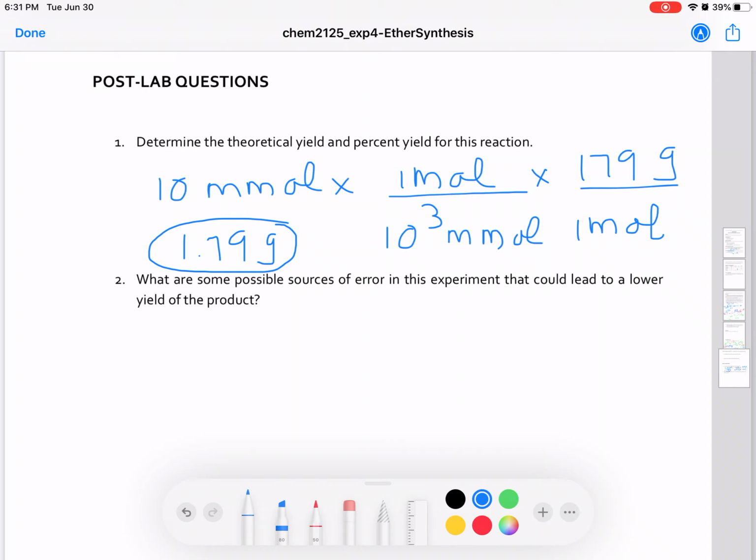Another reason that we would not get the product that we want is if we do not keep the heat source properly, having the correct temperature, because temperature also plays a role when the reactions are taking place. So just think about the places that can go wrong or maybe can lower the yield, and come up with some ideas of your own. You can think as a chemist, as a scientist, and just be creative and come up with some reasons.